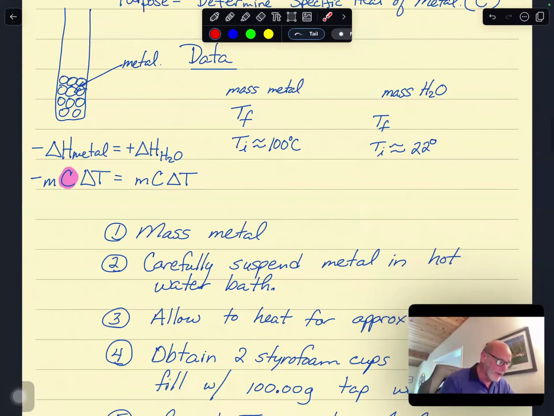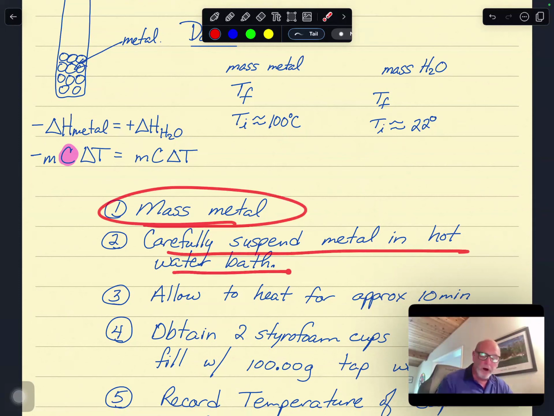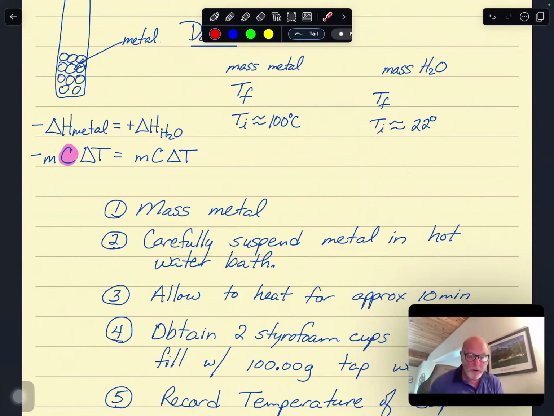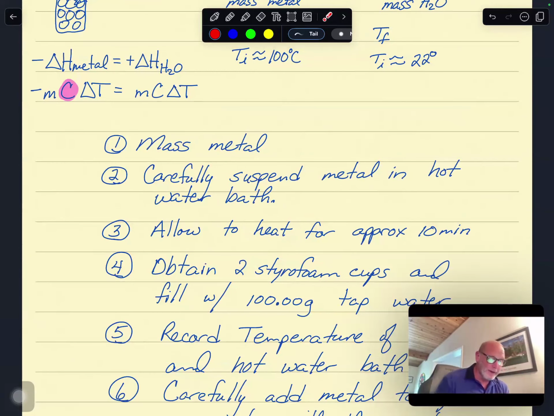Okay. I'm going to have a hot water bath set up for you. So make sure you mass the metal, then carefully suspend it in the hot water bath. Just have it dangling. We do not want the metal to be touching the hot plate. Okay. Allow that metal to heat up for about 10 minutes.